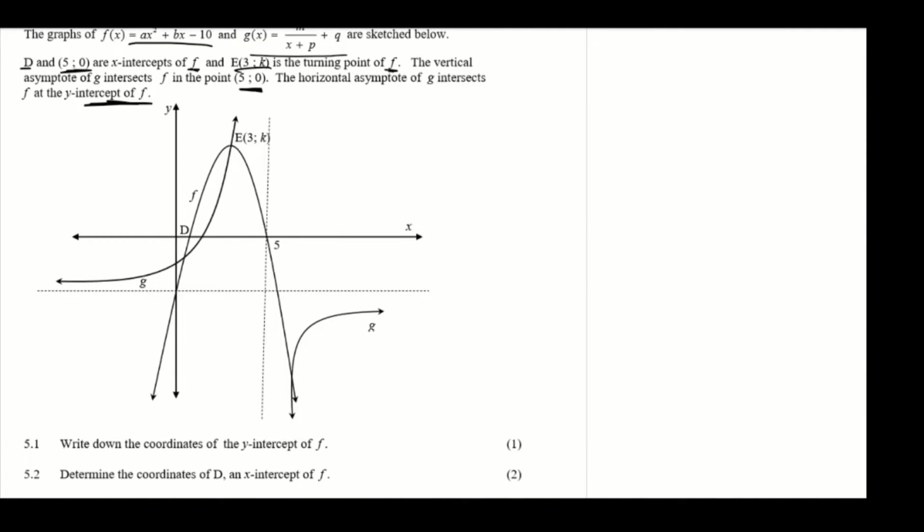The first question says that we should write down the coordinates of the y-intercept of f. Remember that our f graph is given an equation of ax squared plus bx minus 10.